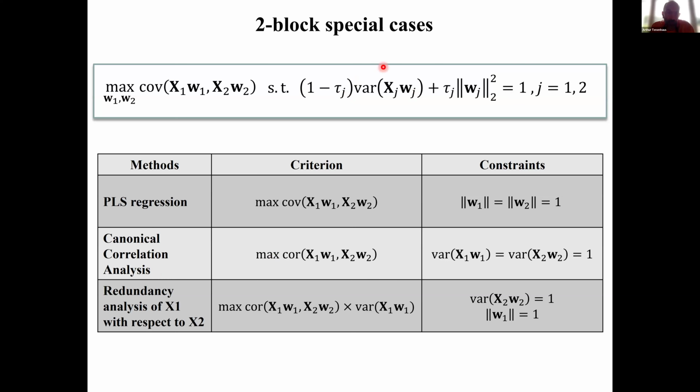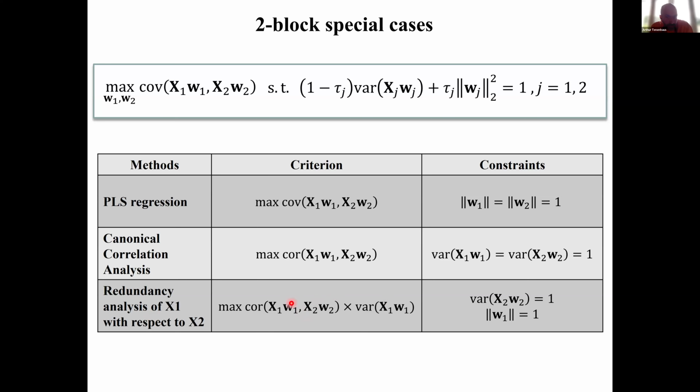This is also one method in the multi-block and multivariate data analysis literature. And when tau 1 is equal to 1, sorry, and tau 2 is equal to 0, then the criterion becomes this one. And this is redundancy analysis, also called reduced rank regression.